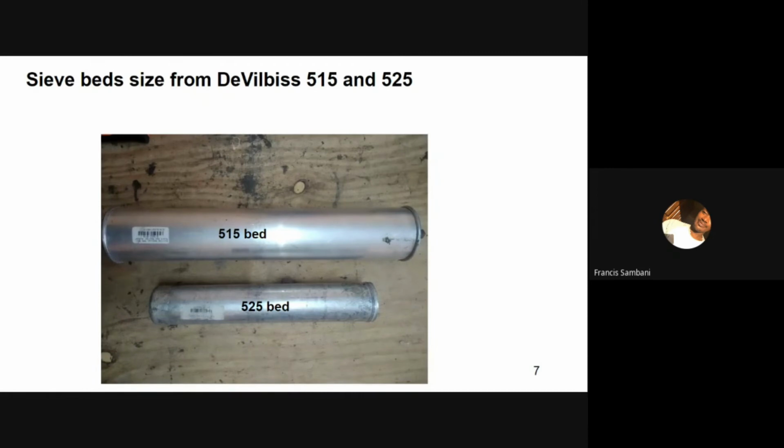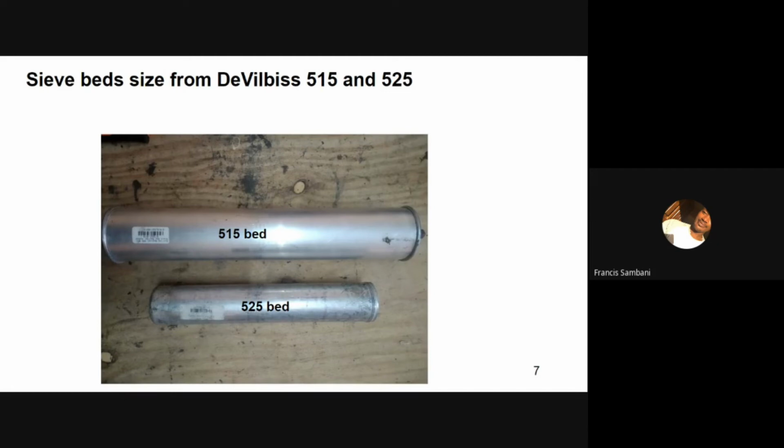We'll go on to talk about the size of the compressors. But roughly, we can say that the 515 uses about 1 kg of zeolite per sieve bed, whereas the 525 uses half of that. Since you have two sieve beds in the 515, that is 2 kg of zeolite, and in the 525 you use roughly about half, that is 1 kg of zeolite in both sieve beds.